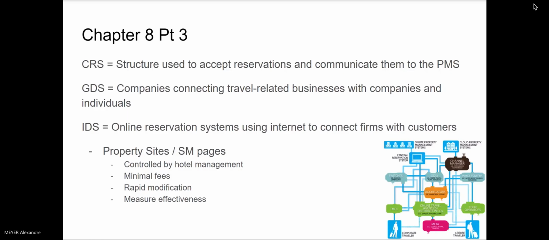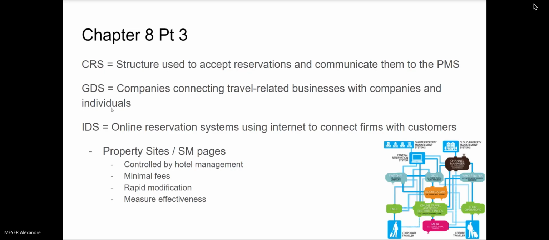The GDS is a group of companies that electronically connect travel-related businesses, such as airlines or hotels, with those individuals and companies seeking to buy from them. So it's essentially a connection between the hotel and the leisure or the business traveler.